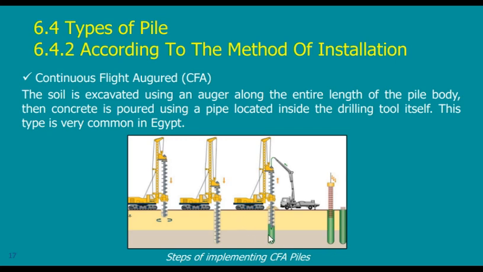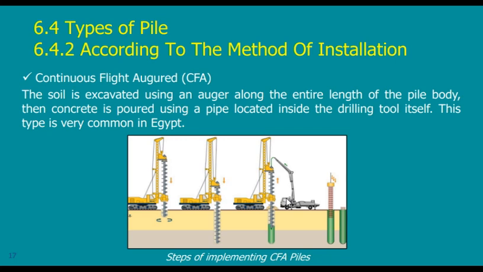There is something here that is very good: the friction between the soil and the pile. Of course, I don't expect the surface here to be smooth. How will it come? It's just the surface resulting from the drilling of this auger and pouring the concrete.